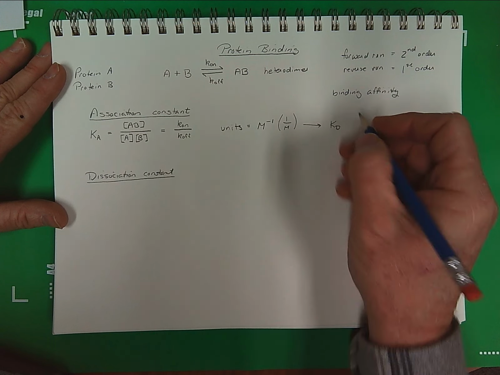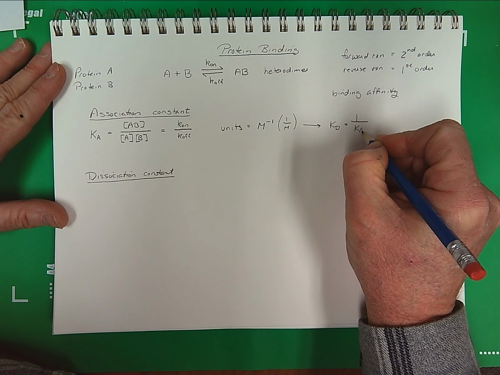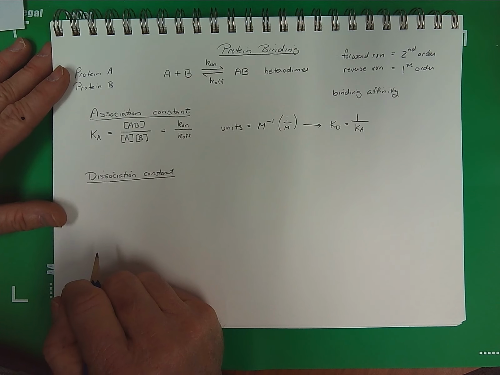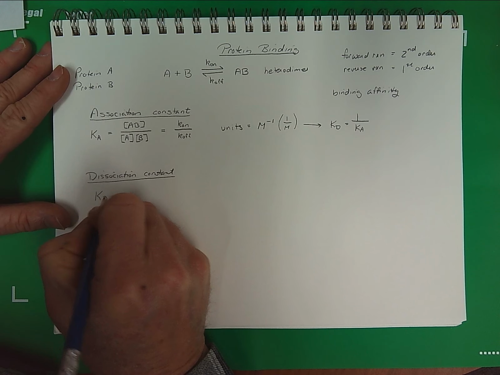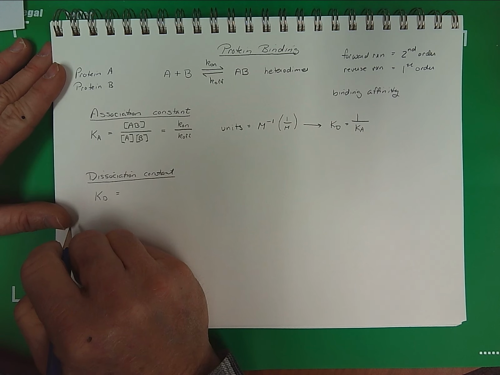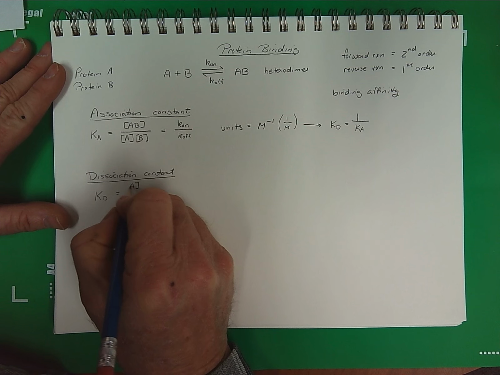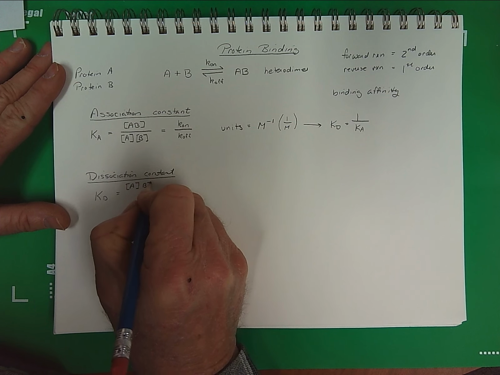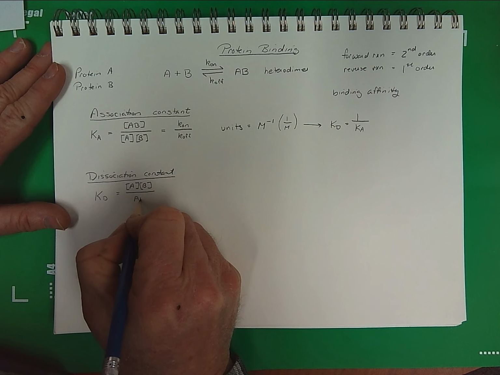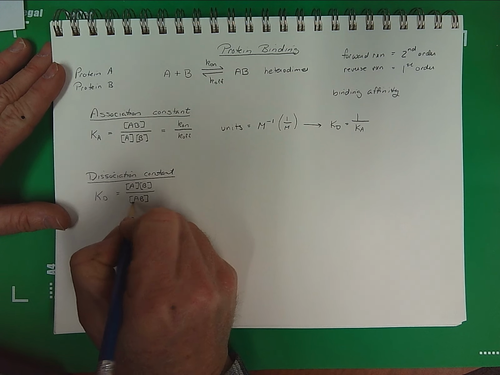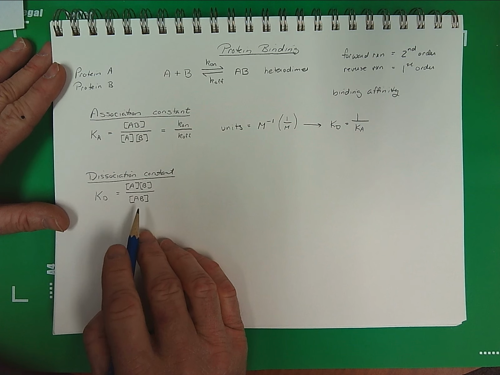So Kd is going to equal 1 over the association constant Ka. And we define Kd as the inverse of Ka. So this is going to be the concentration of A, concentration of B, over the concentration of the single molecular entity that is the product.